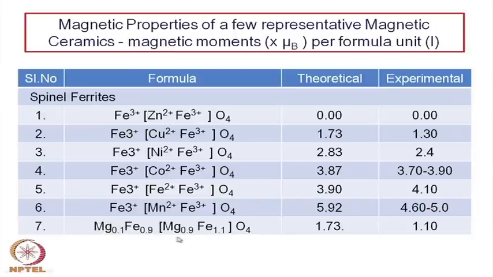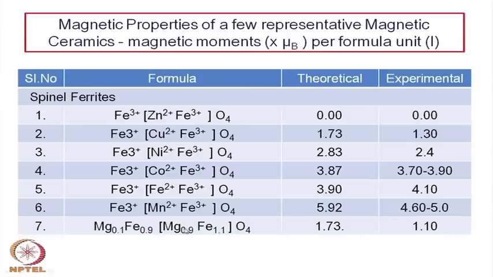So, magnesium gets distributed between tetrahedral and octahedral sites, and as a result iron also gets redistributed between the octahedral and tetrahedral sites. Which was a 1:1 distribution, now it has become 0.9 and 1. Because of the magnesium substitution, you have a net magnetization of the order of 1.73, but the experimental value is about 1.10.